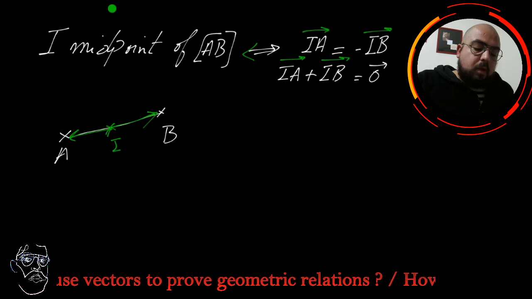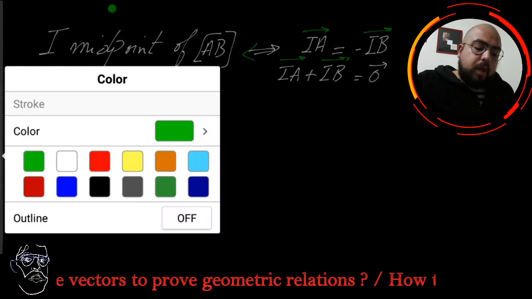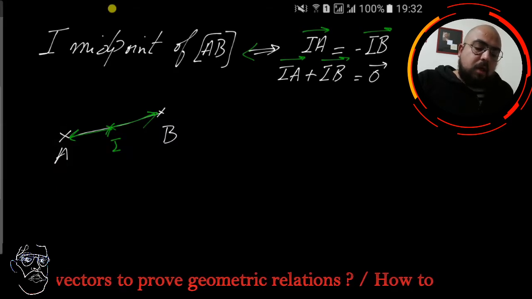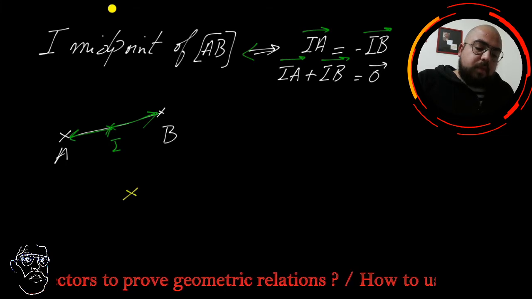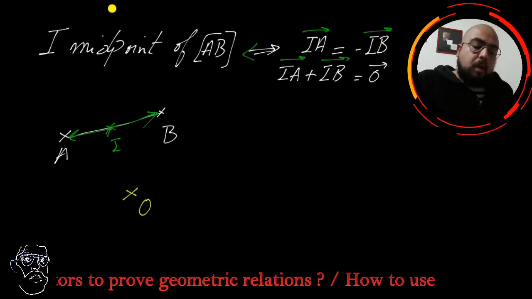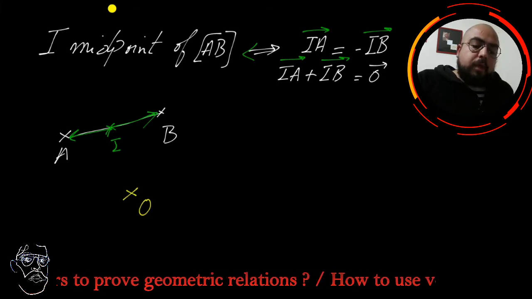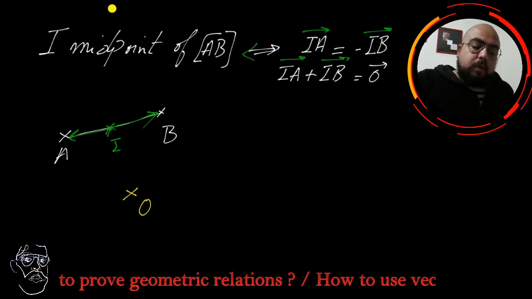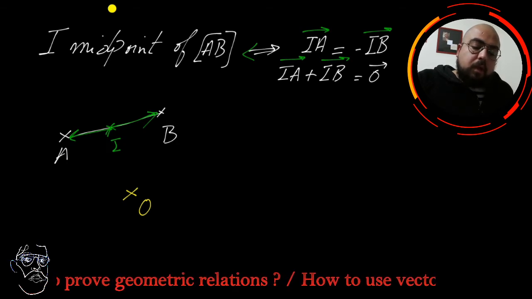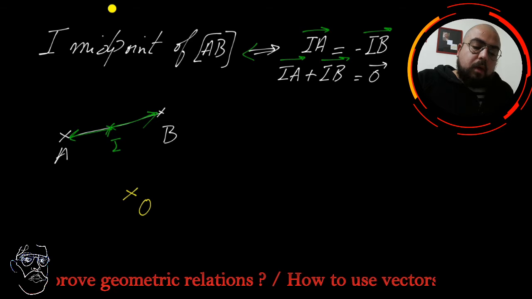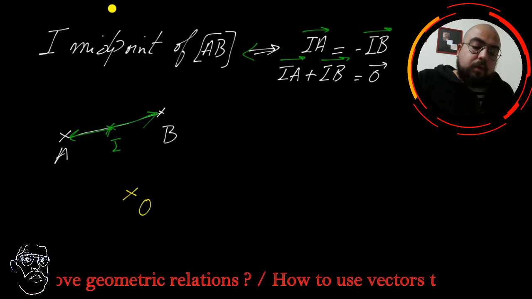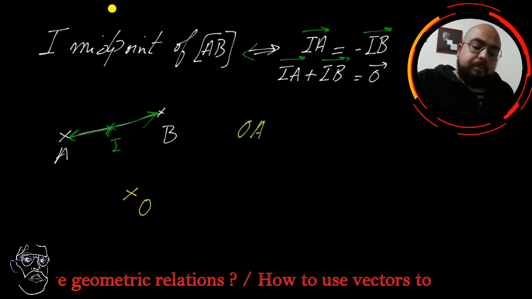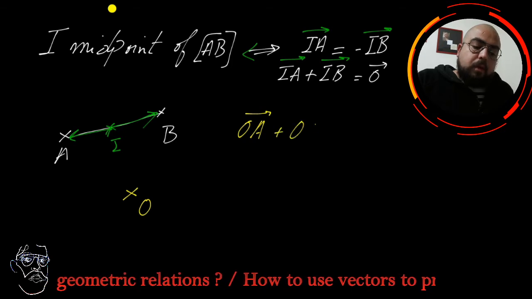Now in the general form, if we had a certain point, let's say O, this is the point O, and I'm willing to find what result I will get when I do the addition of OA plus OB.